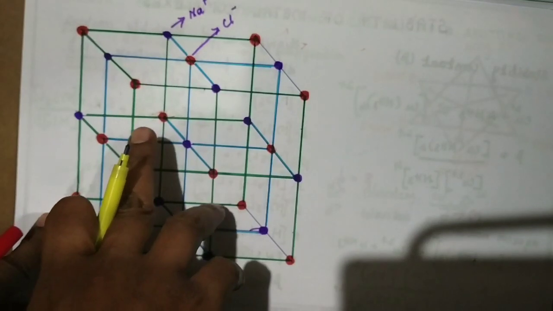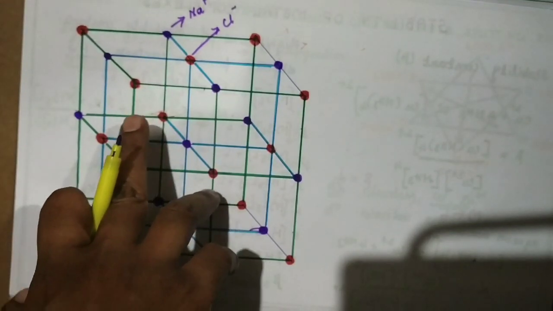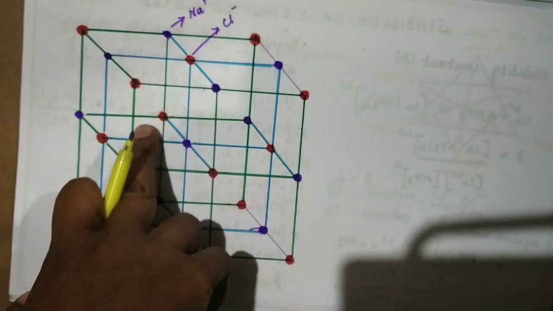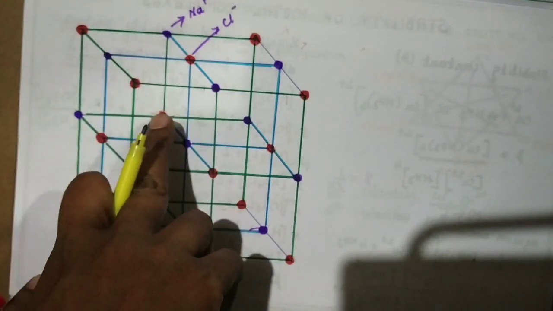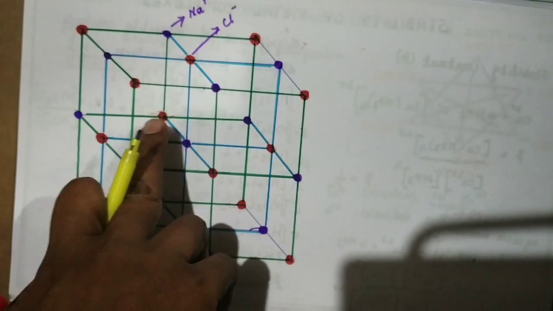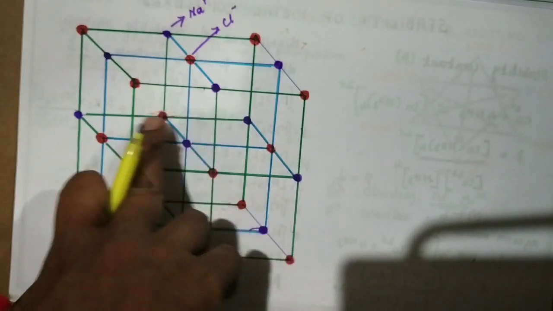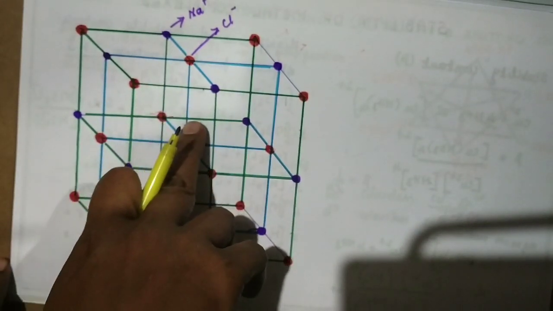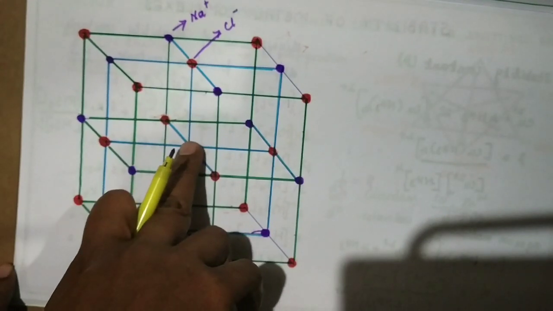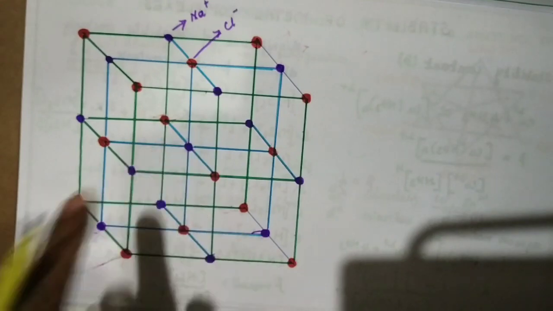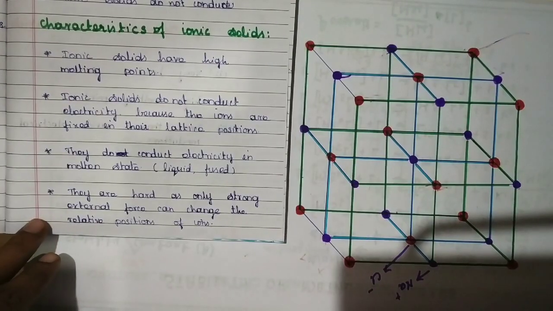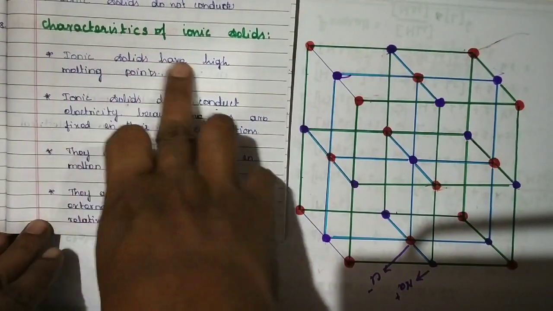Ionic crystals possess a definite crystal structure, and many are cubic close packed. For example, this is the structure of sodium chloride, one of the important examples of ionic crystals. Next, the characteristics of ionic solids.